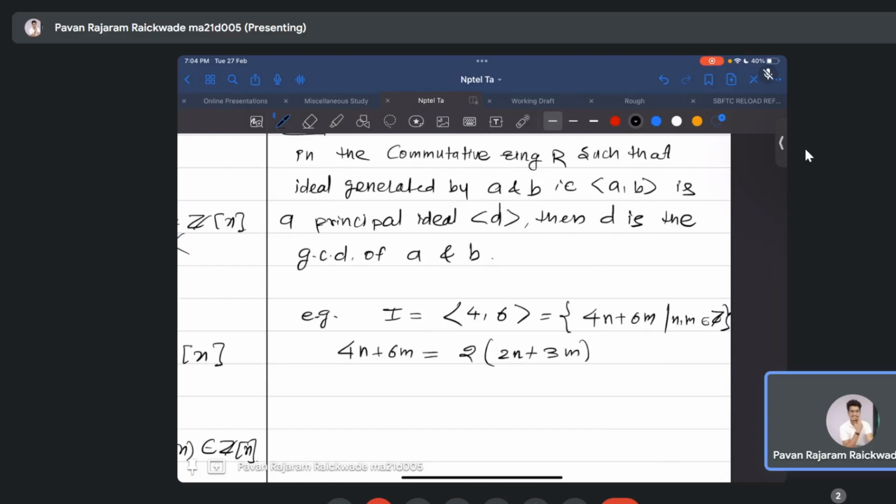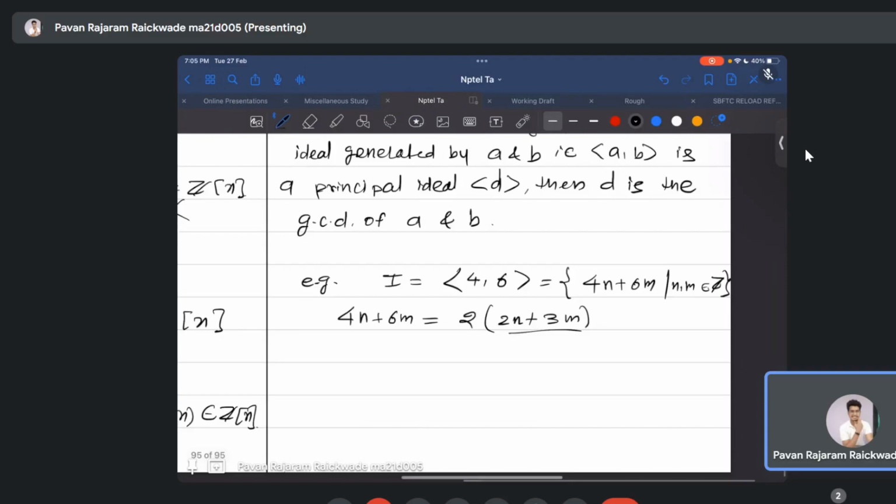So now the question is, can you write any integer as 2n plus 3m? The answer will be yes, because take any r belonging to the integers. r can be written as 2 times some element n if r is even. Otherwise, it is 2 times n plus 1.